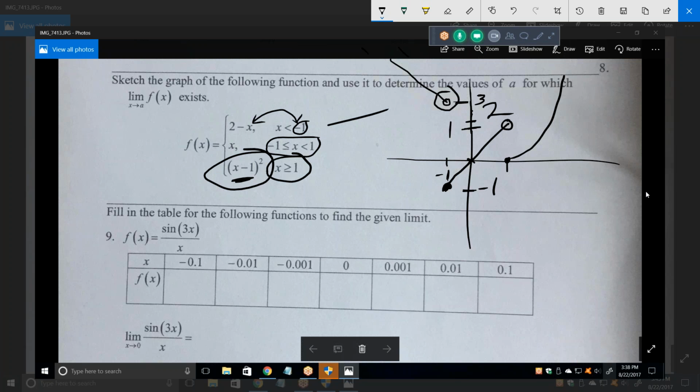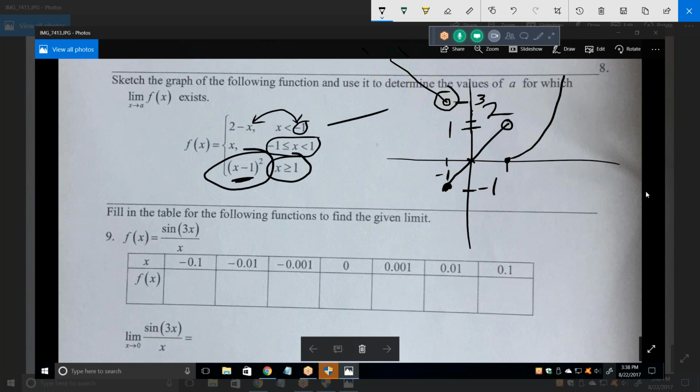Does the limit of f of x exist as x goes to -1? Remember what you have to do. You have to approach -1 from the left, and you have to approach it from the right. Well, it approaches, but it doesn't approach the same number.